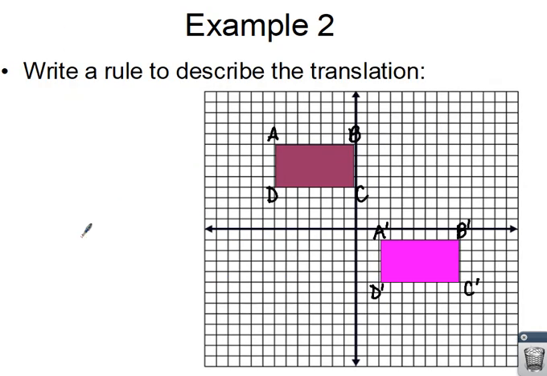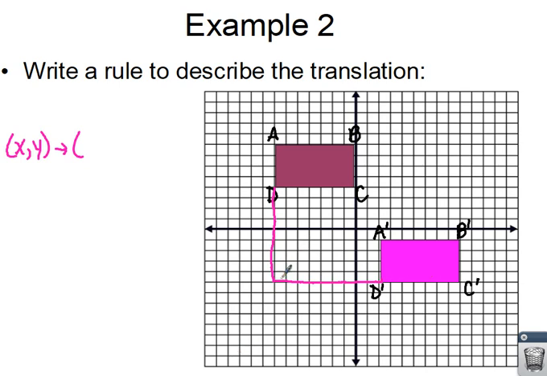All right, what if I give you the picture and I say write the rule? So let's get our rule set up. We put X, Y, and then the arrow, and then we're going to put our rule. We start with the dark purple one. We go to the light purple one. So let's look at the D's. So D goes from here to here. Okay?